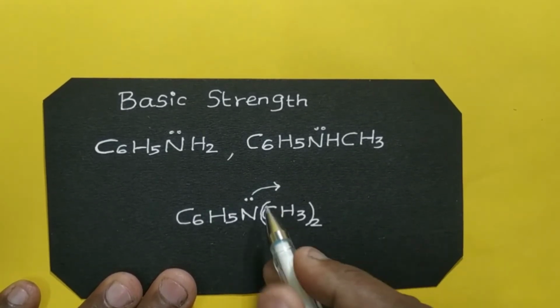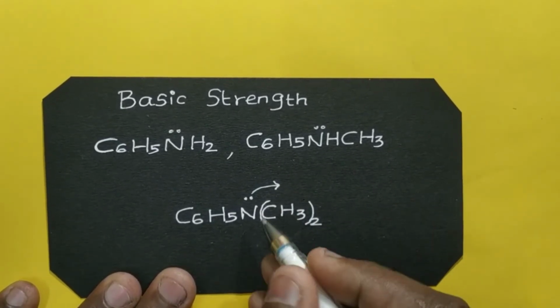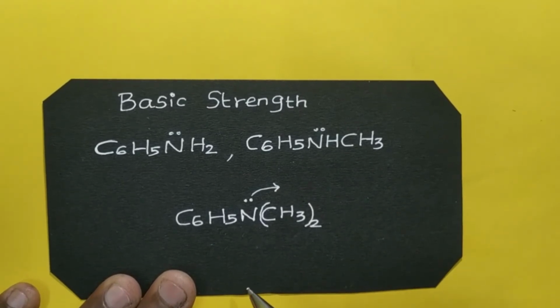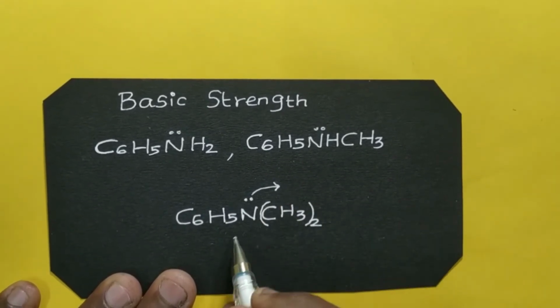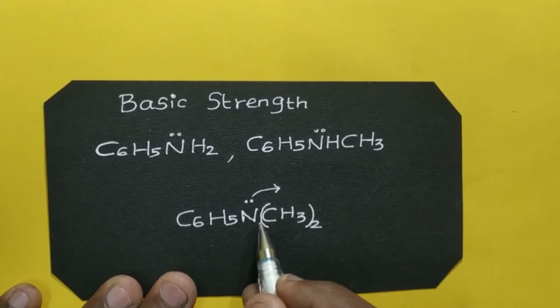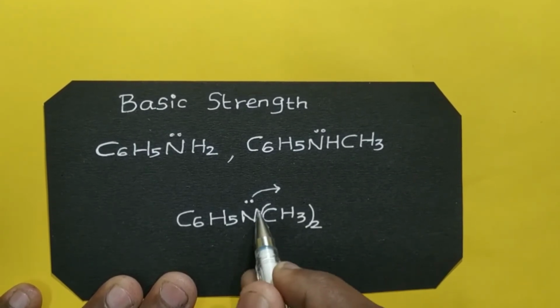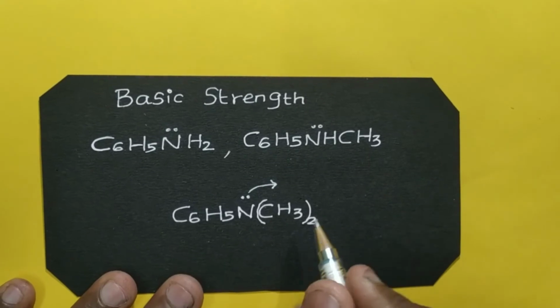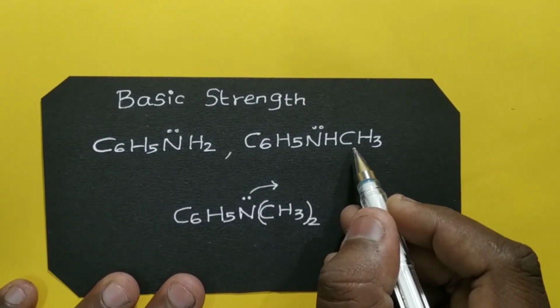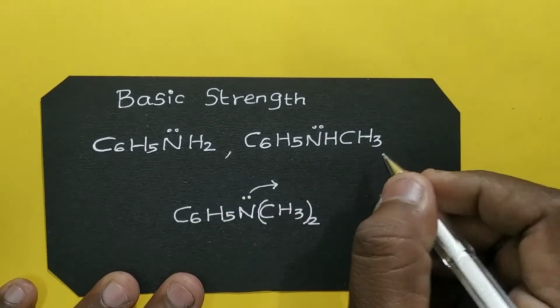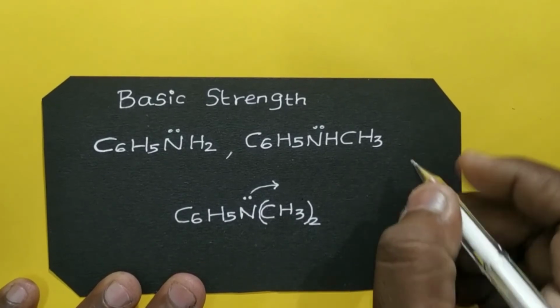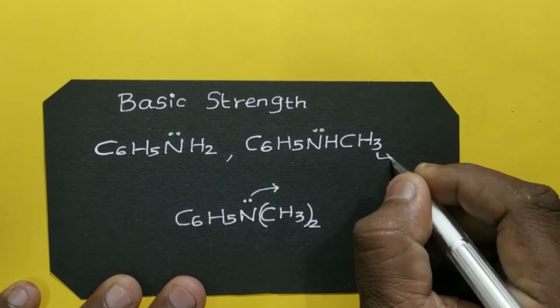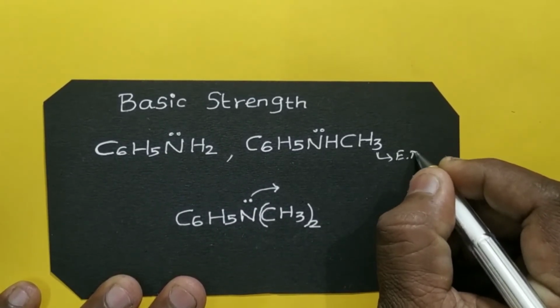If it has electrons, it can easily donate. After donation, the electron density on nitrogen should be maintained. That can be maintained by the methyl group. Here one methyl group is there, here there is no methyl group. The methyl group is an electron donating group.